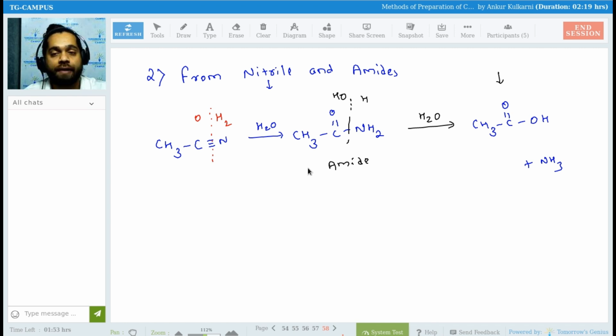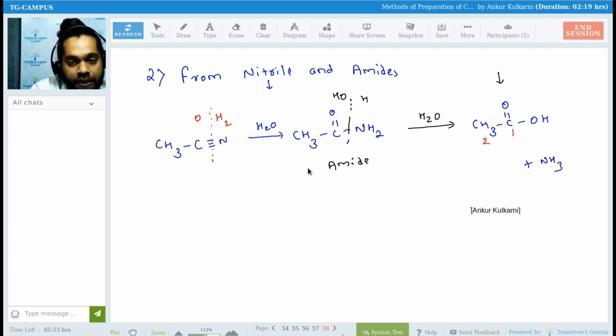Ethanoic acid. Perfect. So I have 2 carbons, it is an acid, so 2 carbon, oic acid. It is ethanoic acid.